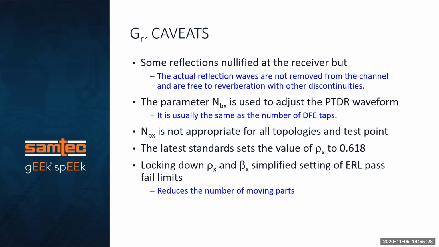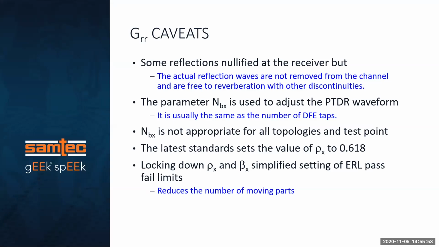In other words, wherever you measure the test point, even if you have a DFE there, it's not going to do anything for the return loss that you're measuring at that point. So it's totally out of context. There are some cases, like for a cable assembly with a test fixture on it, where using NBX is just not appropriate.